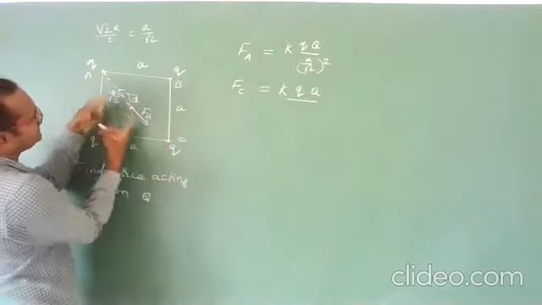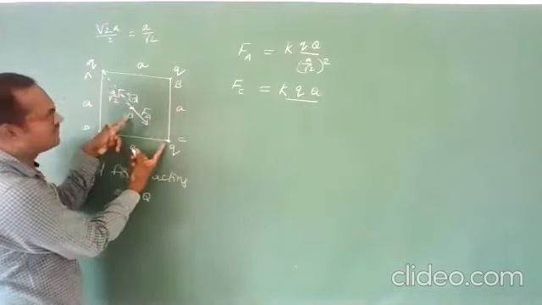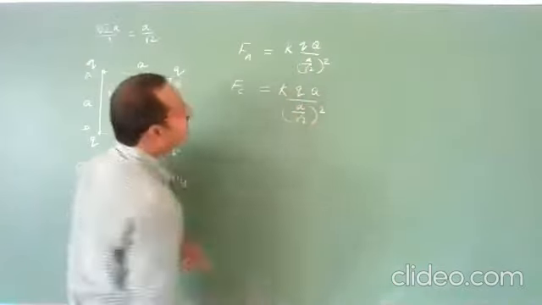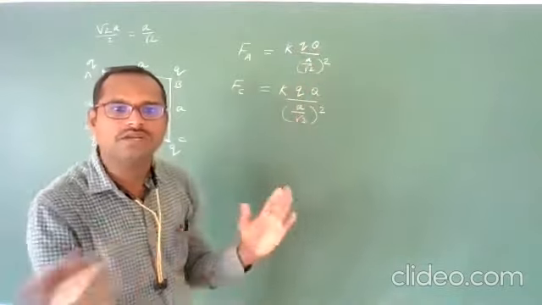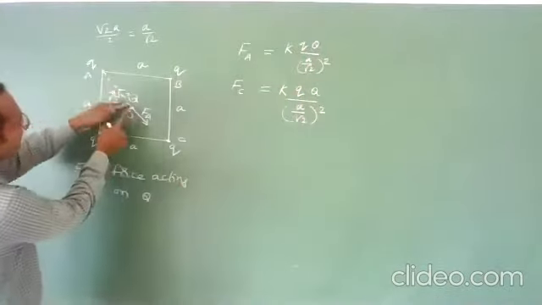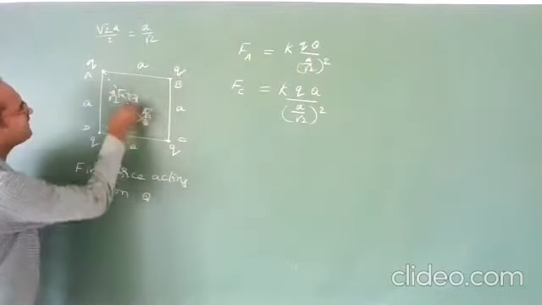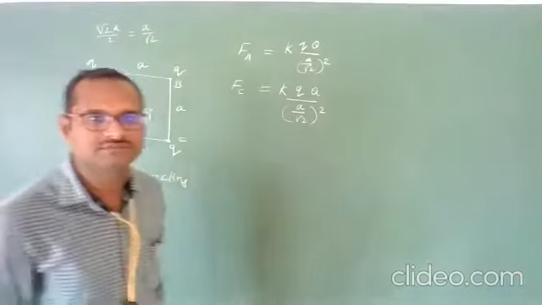This distance should be the same, because it is the diagonal, and half of the diagonal is this distance. So A by root 2 whole square again. Magnitude wise, both the forces are equal and they are in opposite direction. So both will cancel their effect, which means along this diagonal, no force.